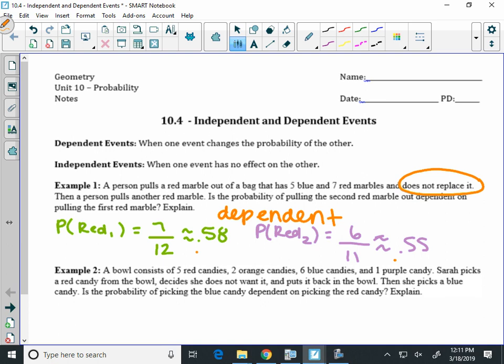So now we don't have to do this math every time. We can just say, oh, they didn't put it back. That's automatically dependent. And your explanation should be: did not put back the first marble. You can just read the scenario and be like, oh, they didn't put it back. It's dependent. It affected the second outcome.